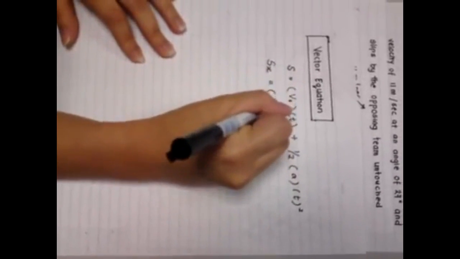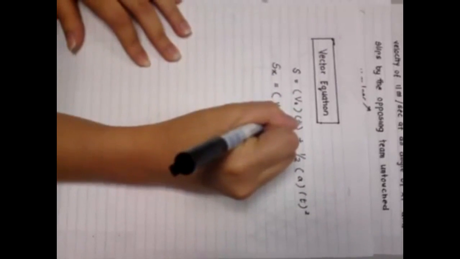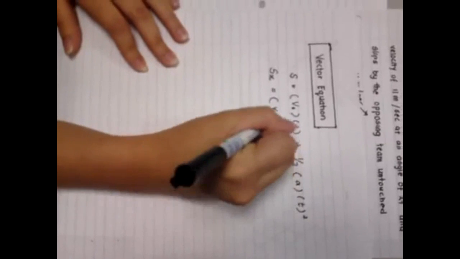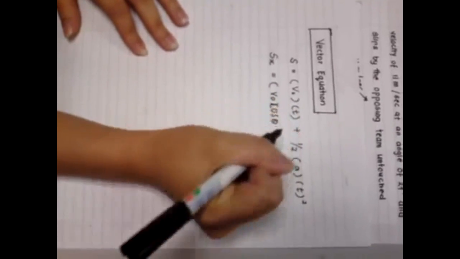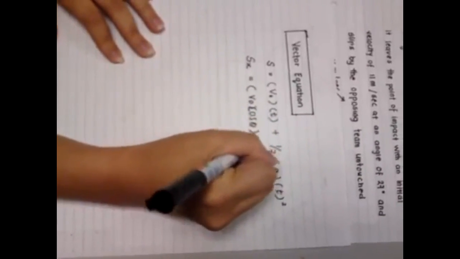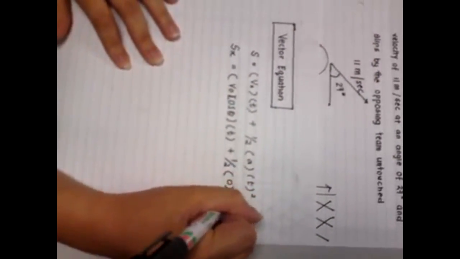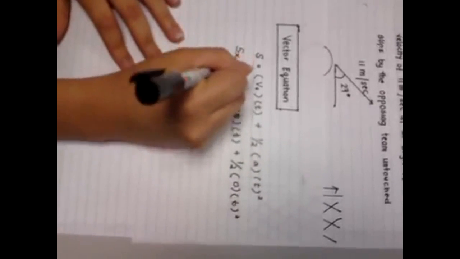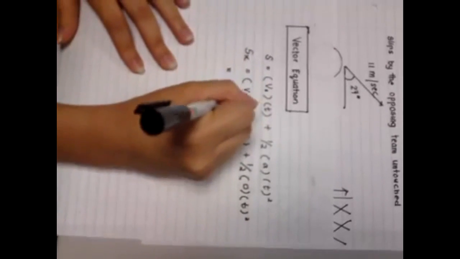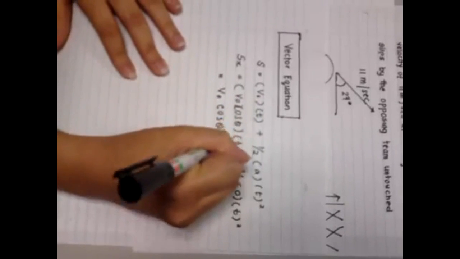So it's V naught cos theta T plus half, and in the x direction there's no acceleration, so that's why it's 0 T squared. So it's V naught cos theta T.